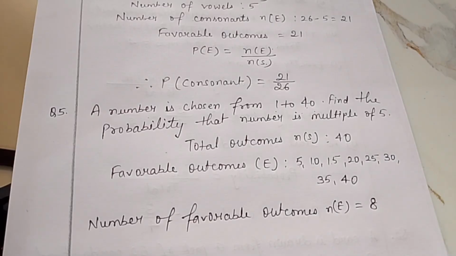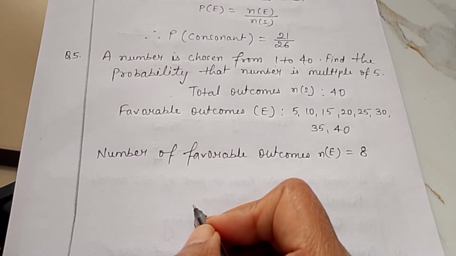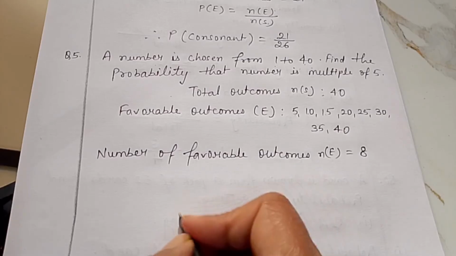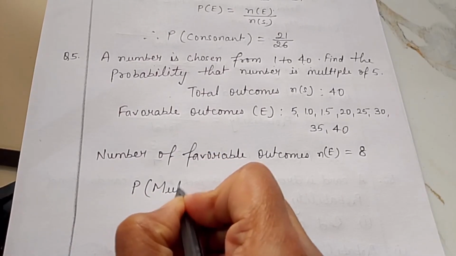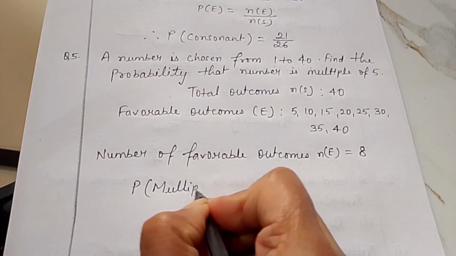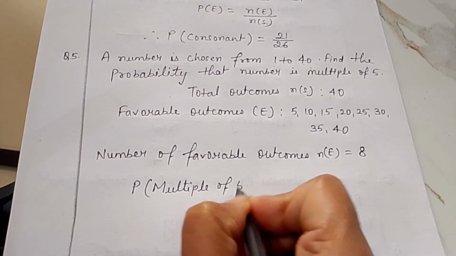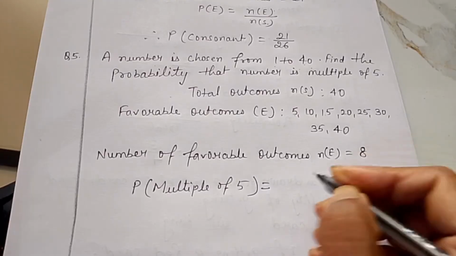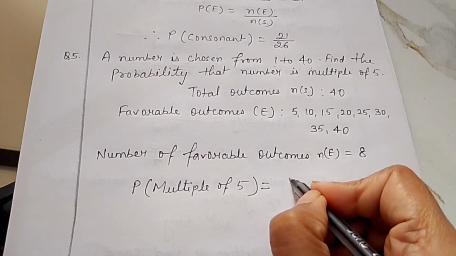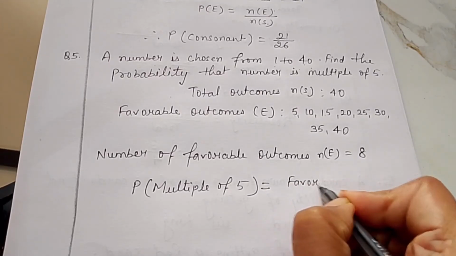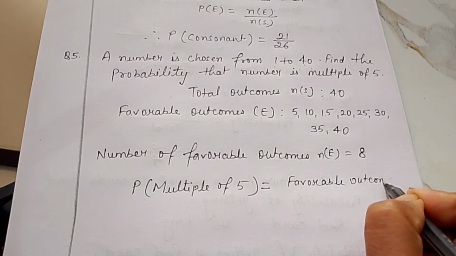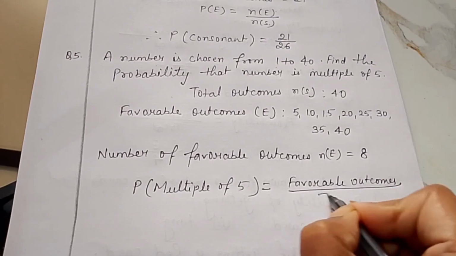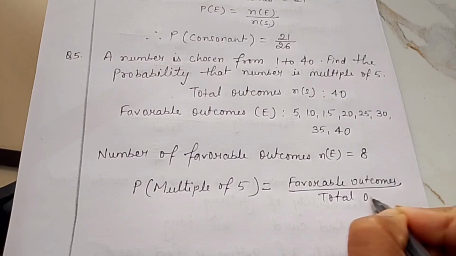Now just apply the probability formula. P(multiple of 5) is equal to favorable outcomes divided by total outcomes.